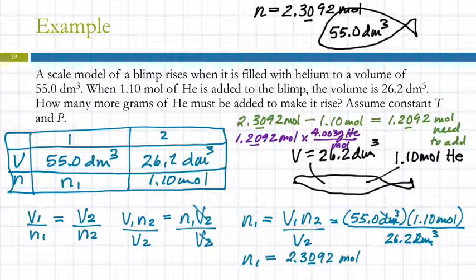So 1.2092 times 4.003 equals 4.8404, so 4.84 grams.